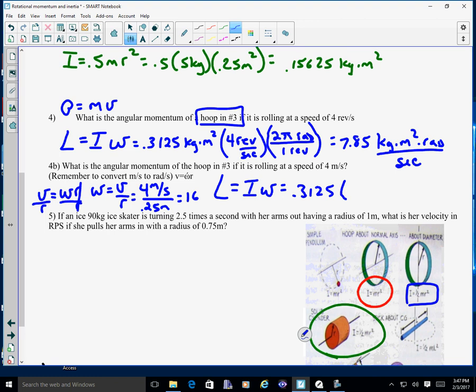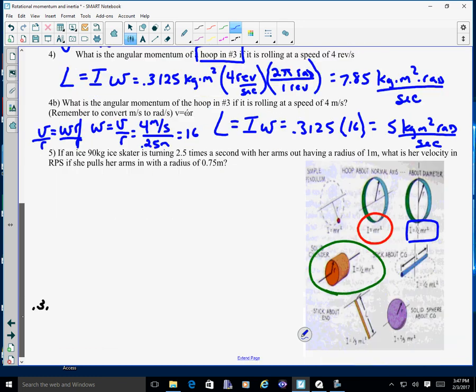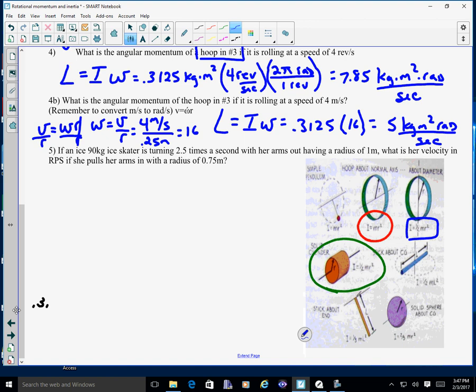Sorry about that. Now, last but not least, we've got this ice skater that's spinning around. And in the conceptual physics books, it gives you a real easy formula. We're just going to use that one. When an ice skater has her arms out, she's going to have one angular momentum, and since momentum cannot be created or destroyed, it has to be equal to the momentum when she has her arms in.